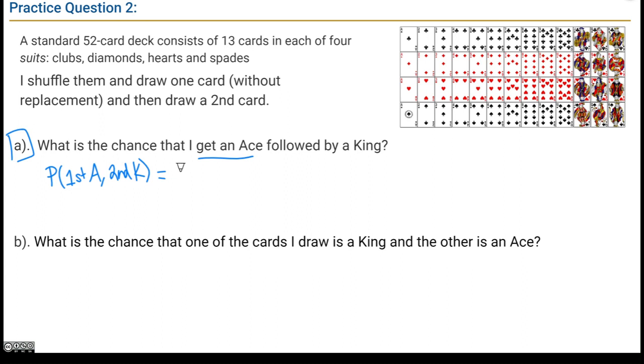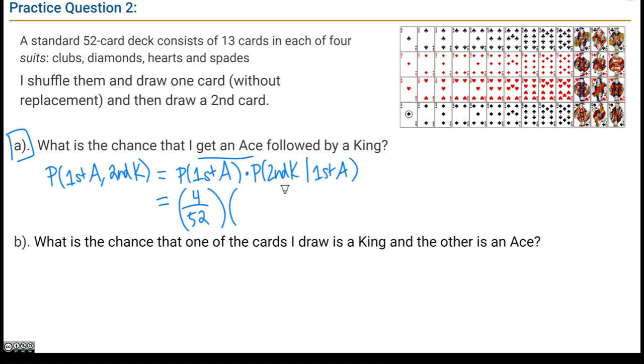Because I know what has to happen first, I'm going to write this using the multiplication rule. So this is the probability that first is an ace times the probability the second is a king given the first is an ace. So this is a great use of the multiplication rule. To get an ace first, that's 4 out of 52. And then knowing that I've already taken one card out, now I only have 51 options, but I still have 4 kings out of that.